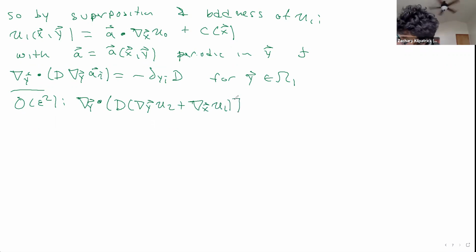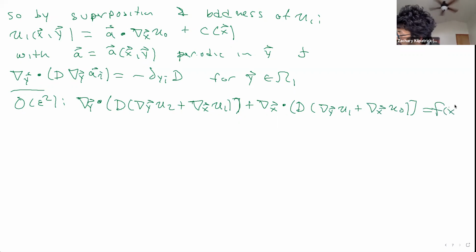So this same operator appears again, and then you see the inhomogeneities from the lower order terms coming in: the divergence of d times the gradient with respect to y of u1 plus the gradient with respect to x of u0, is equal to, now we have the inhomogeneous forcing f of x.